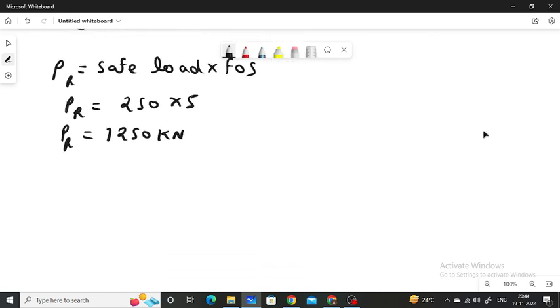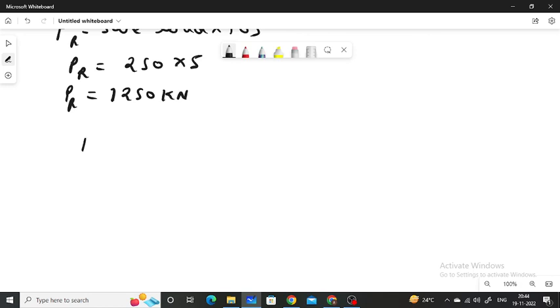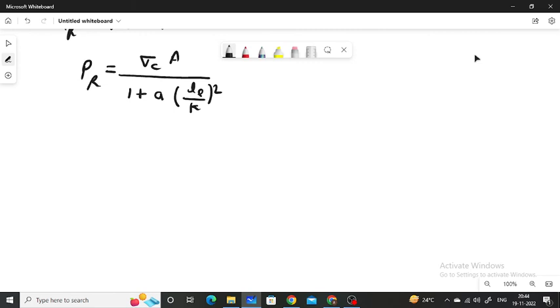Now from the Rankine formula, P is equal to sigma C into A divided by 1 plus A into LE by K to the power 2. Moment of inertia will be equal to pi by 64 into D to the power 4 minus small d to the power 4.